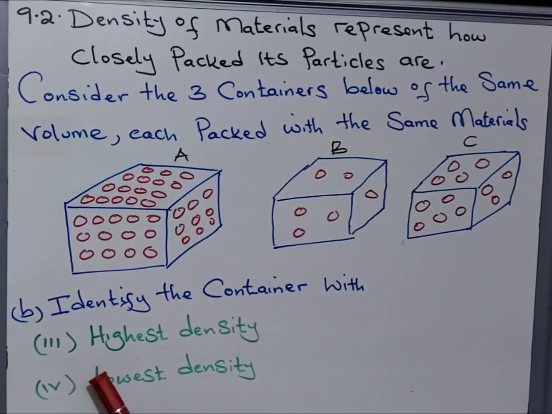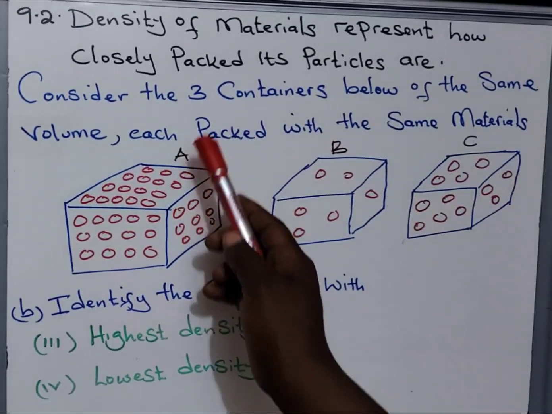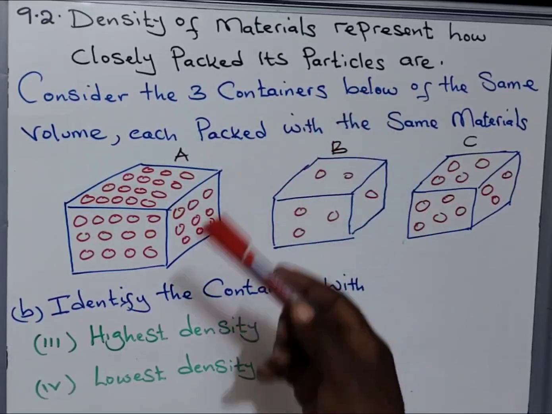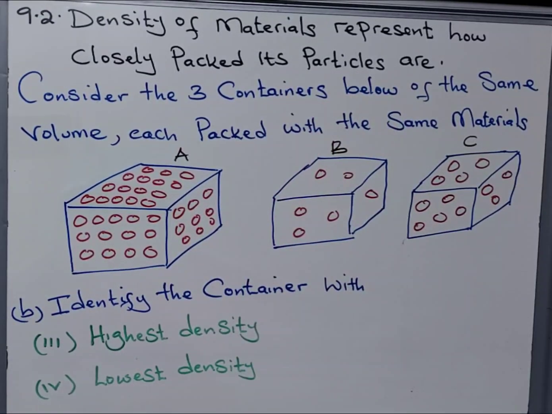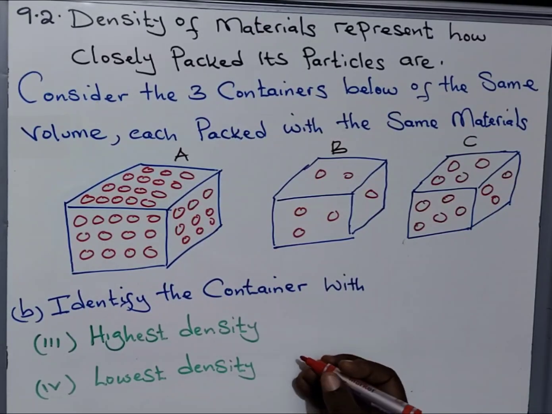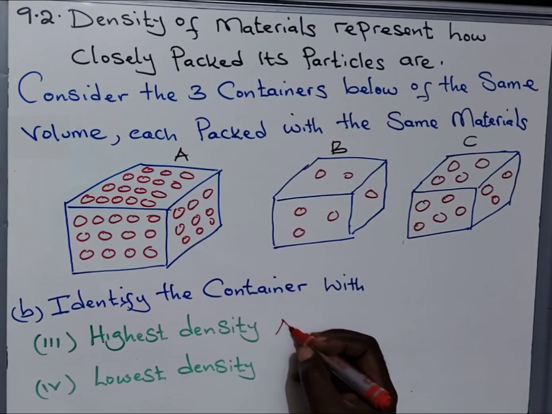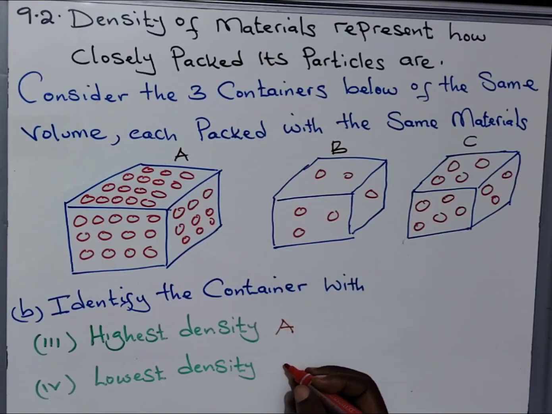Highest density. Which container is having the highest density? You have to remember that density means number of particles in a specified volume. So the one with the highest density is A. And the one with the lowest density is B.